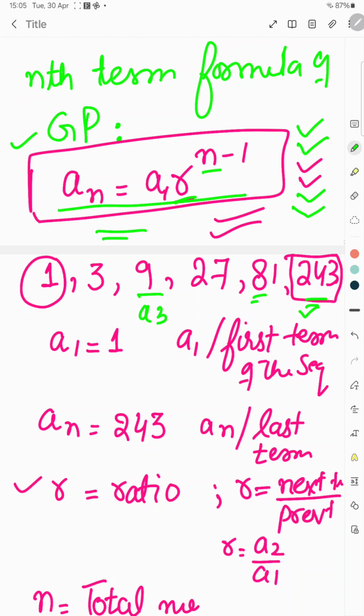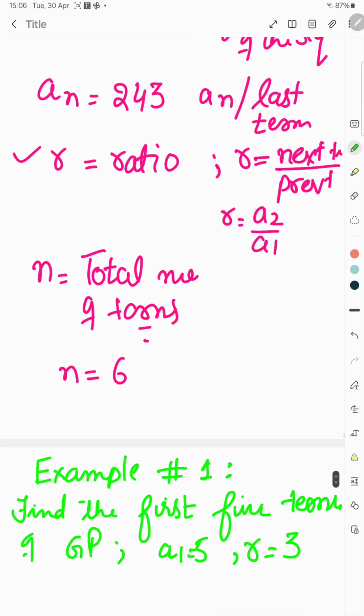If n is missing, the number of terms is missing, then again we will use this formula. So this formula is the backbone of geometric sequences. So you have to thoroughly memorize this formula, because whenever anything is missing, we will use this formula. That's why this formula is also called a key formula.